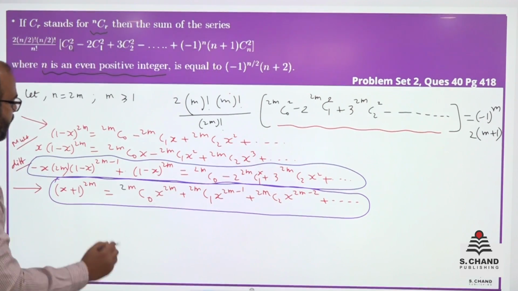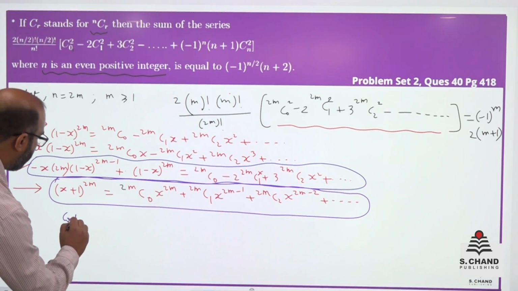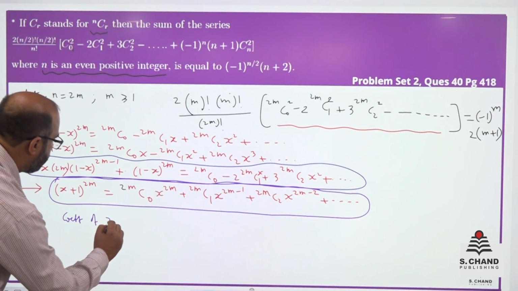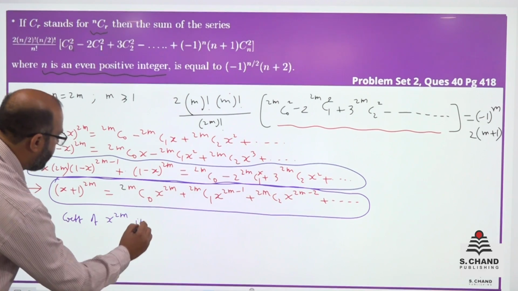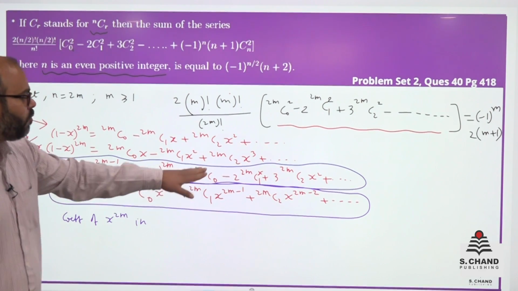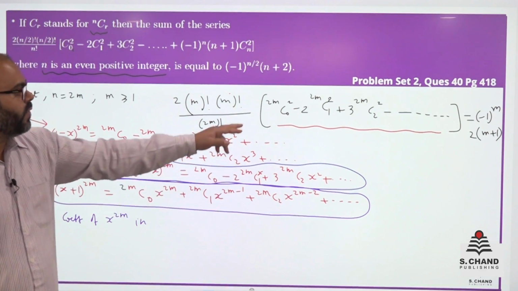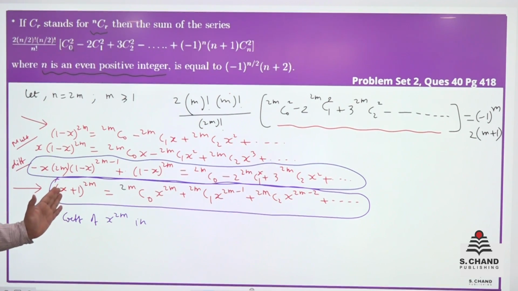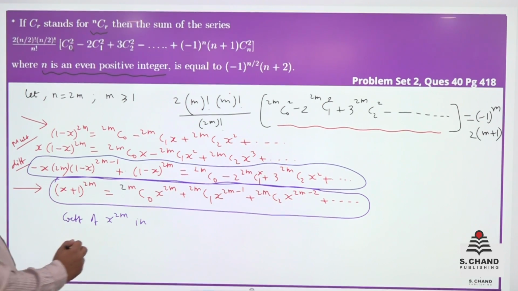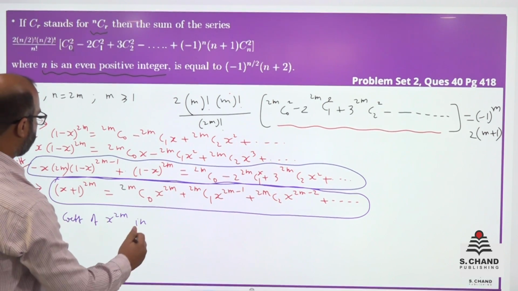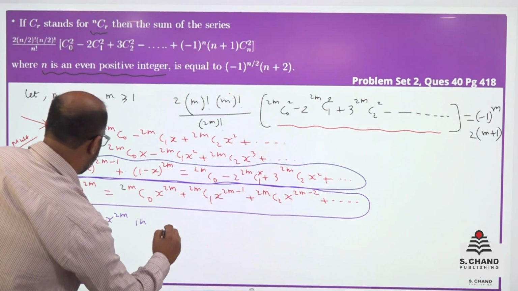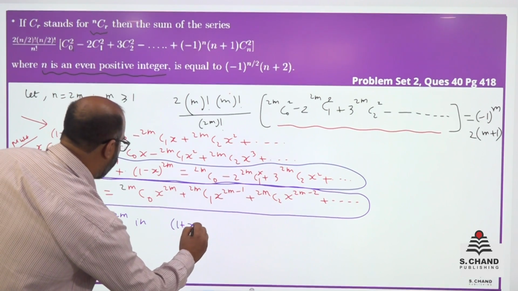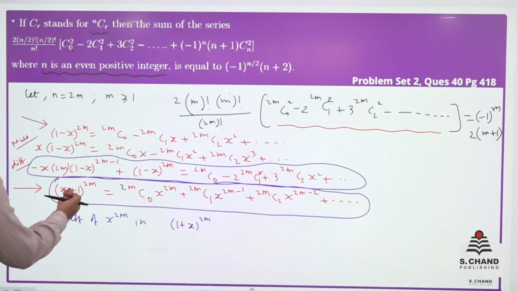So you can say that coefficient of x to the power 2m in the multiplication of the RHS of these is what is given in this bracket, which means that is equal to the left hand side multiplication also. So coefficient of x to the power 2m in the multiplication of this is 1 plus x to the power 2m, this one.